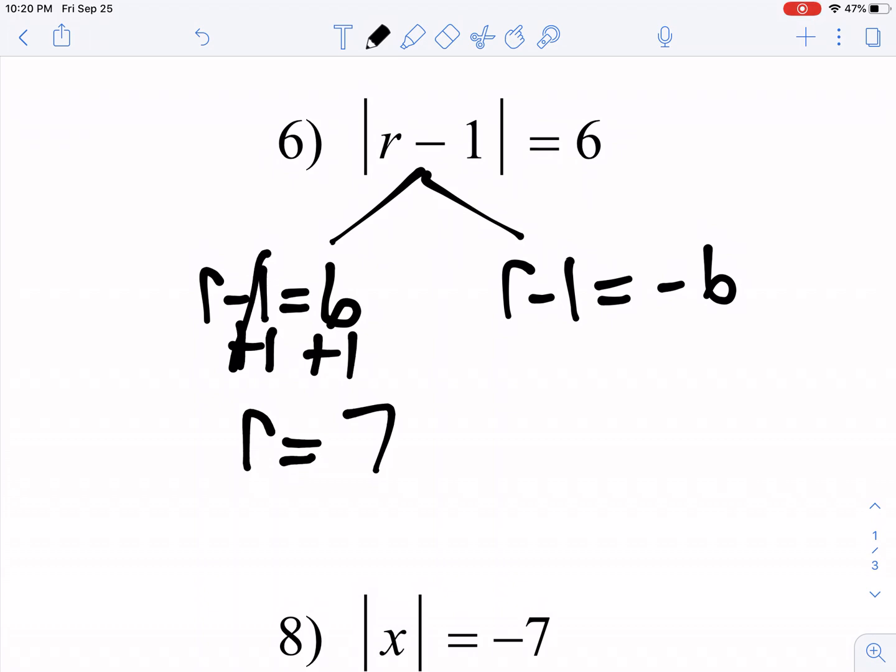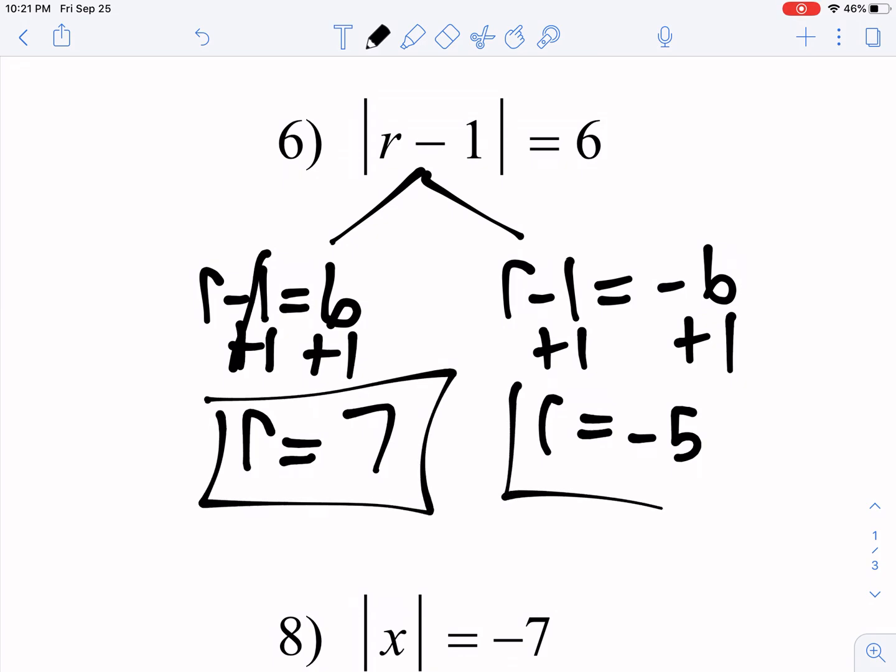Well, how do I move a minus 1 over? Add 1 to both sides, correct? So I get 1 is equal to different signs. What do we do? We subtract and keep the sign, right? Well, 6 minus 1 is 5. 6 is bigger and it's negative, so this would be negative 5. So these would be my two answers. R equals 7 and r equals negative 5.